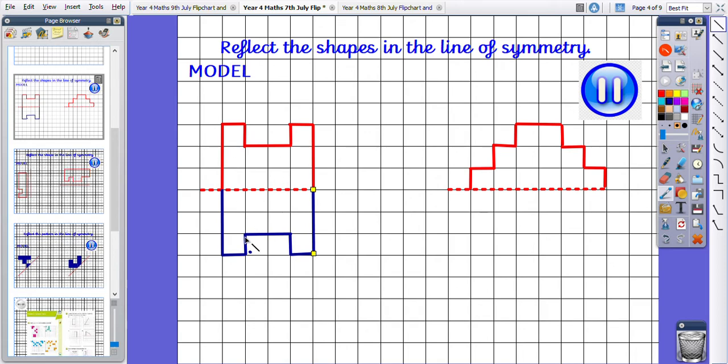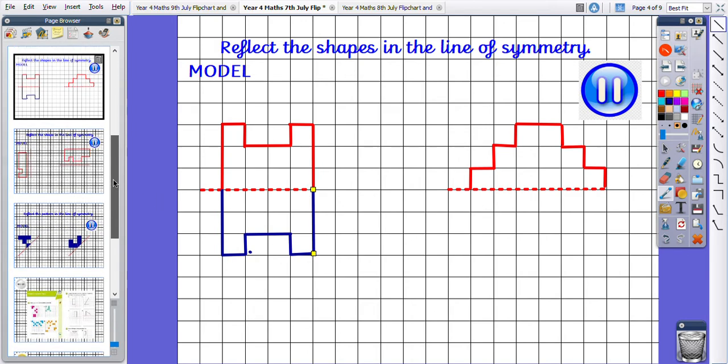So I have clearly reflected my image, my shape, in my line of symmetry here, my mirror line. So now it's your turn again. Have a go at this shape here and see if you can reflect the shape in the line of symmetry.